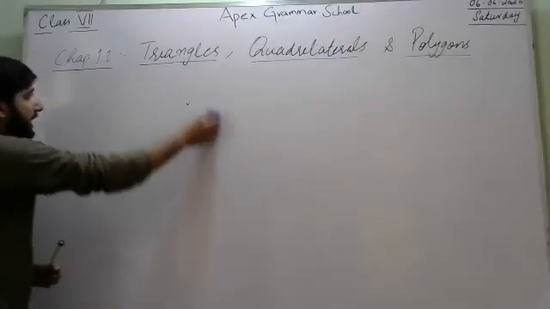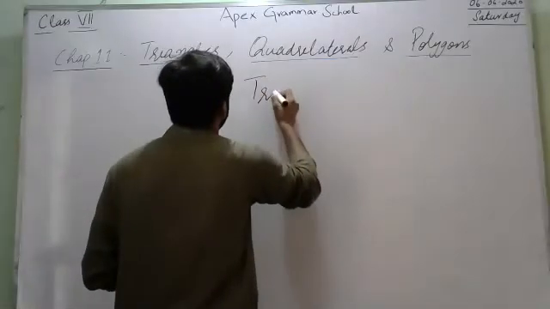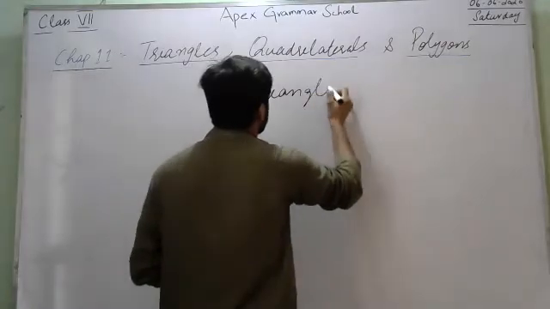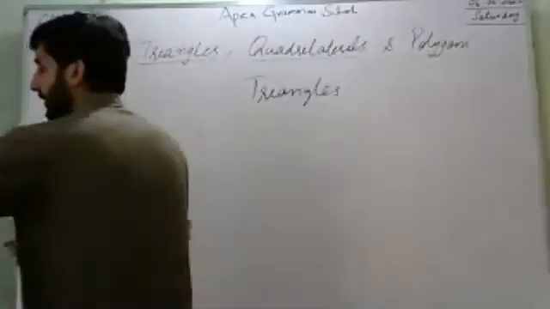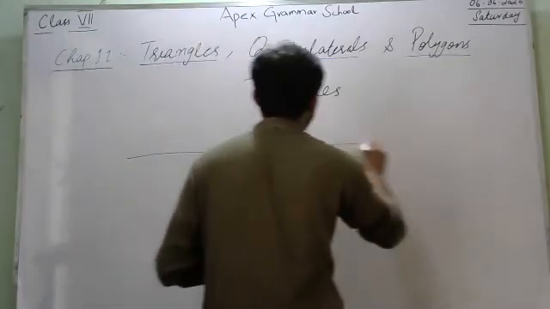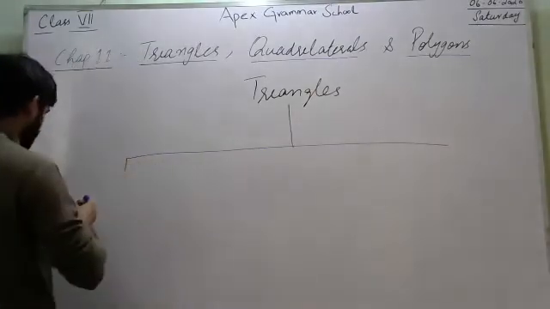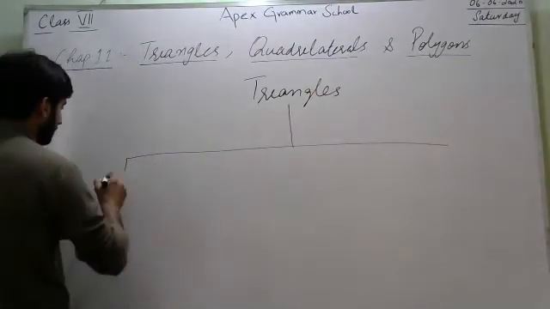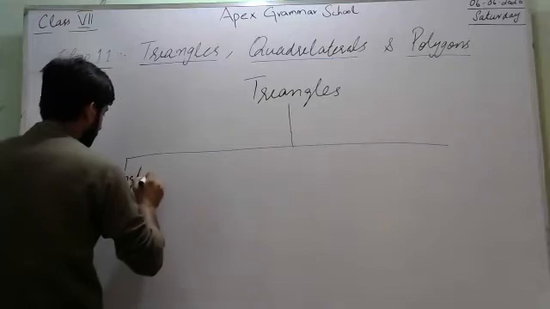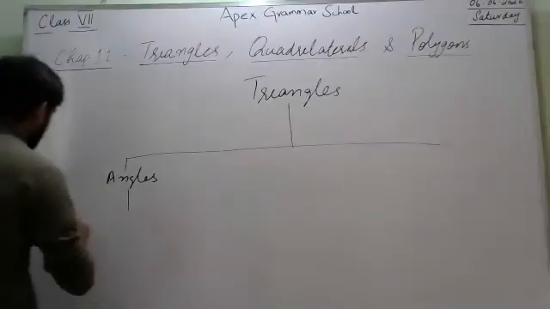Now let's see the shapes of all of these 6 types, on the basis of sides and angles.